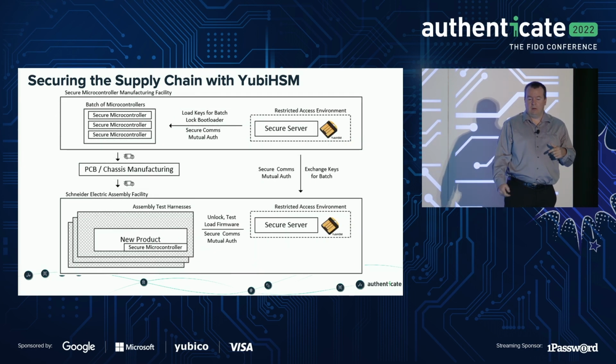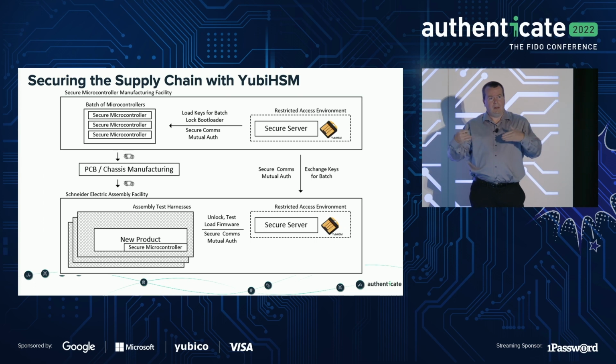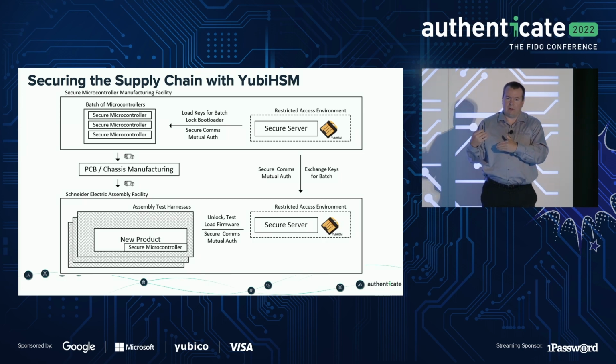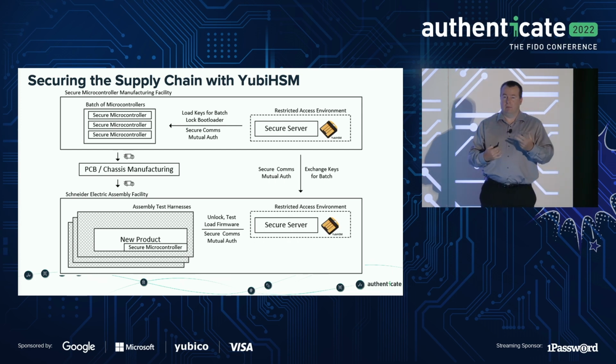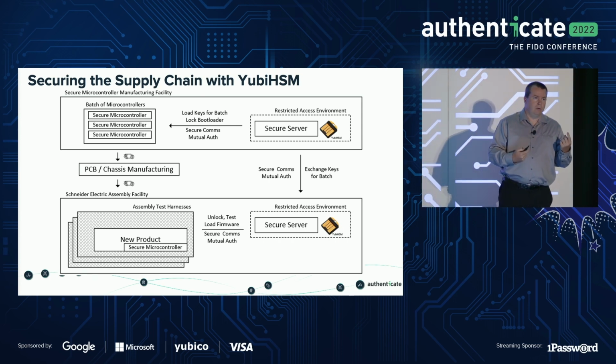And then finally, when it gets to assembly at the Schneider Electric manufacturing assembly at a secure location, those keys are exchanged via the YubiHSM with that encryption, and then we unlock the device right prior to final testing and then shipment. So we know through this process at least two things: that we're in control of all the secure microcontrollers that have been developed for us, and that have been loaded with our genuine firmware.